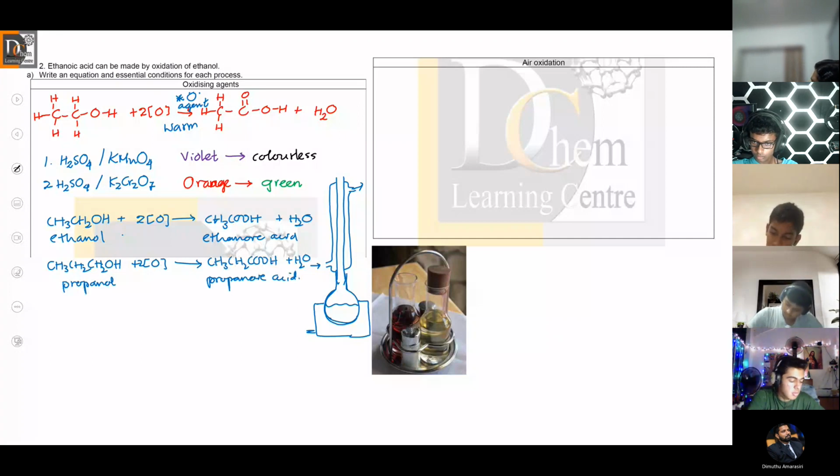Try to write this in words, not in the formula. How do you write seven? Roman numerals, VII. Or acidified potassium dichromate(VI).